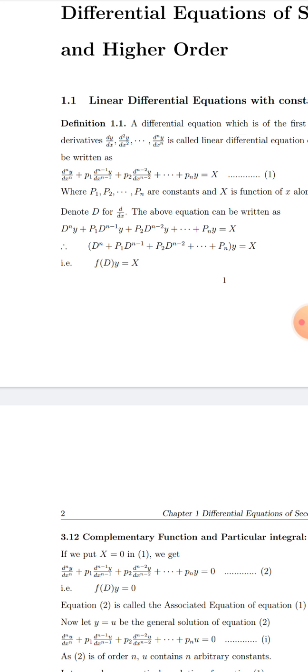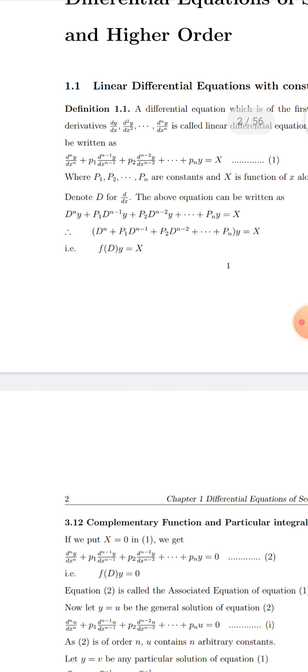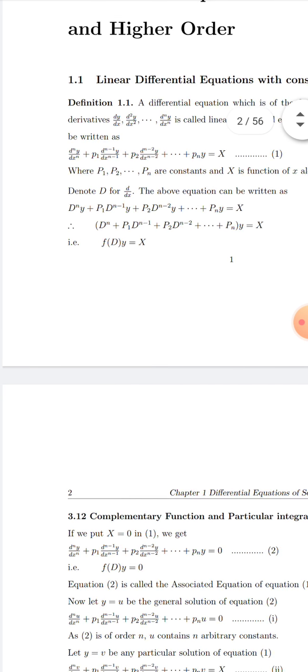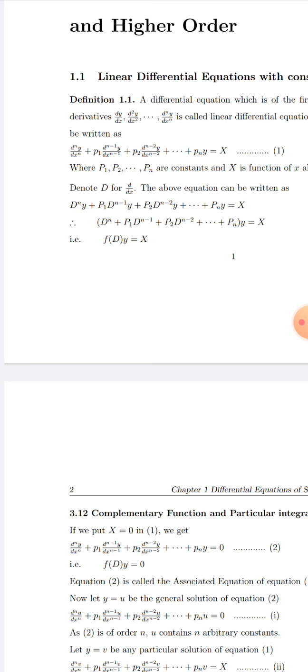So we get D raised to n plus p1 D raised to n minus 1 plus p2 D raised to n minus 2 plus up to plus pn into y is equal to X. So this is a linear equation in D. So this can be written f of D y is equal to X. F of D is nothing but this is the equation in D.